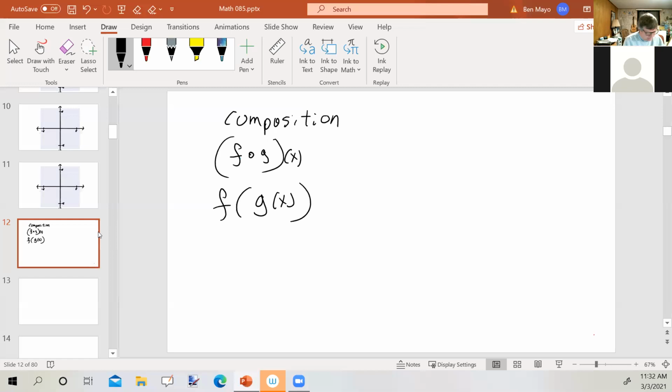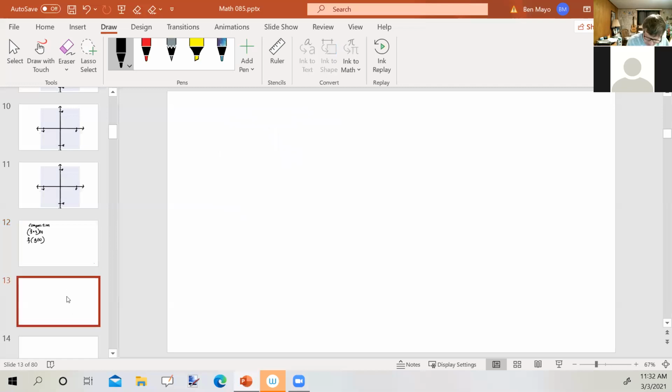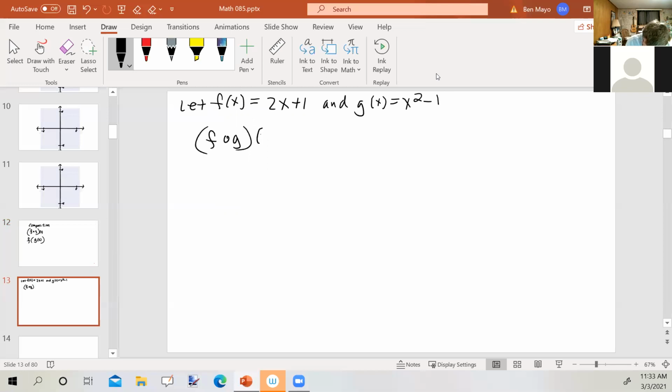Let's say, for instance, that we have the following situation. We're going to let F of X equal 2x plus 1, and G of X is going to equal x squared minus 1. It says find each of the following. We want to find F composed with G of 2, okay?